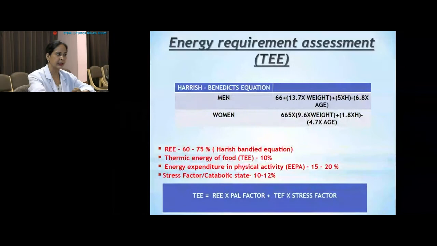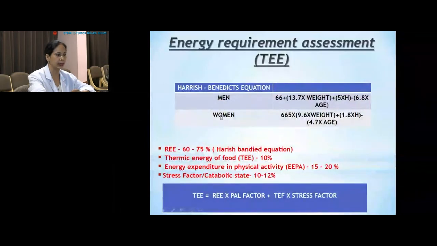This is the basic: how much energy one expends in the lying down position or in the basal form. The basic and most relevant formula is the Harris-Benedict equation, which is different for men and women.